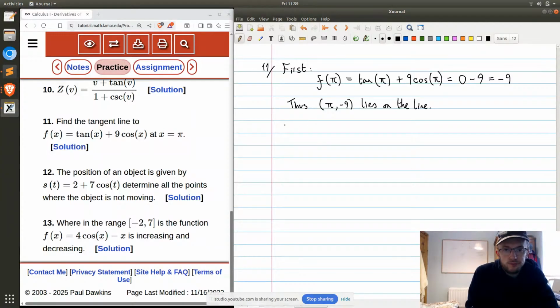Then f prime of x. So d by dx of tan x is sec squared x. And d by dx of cos x is minus sine x. Just like that. Then we find f prime of pi to get how steep the tangent line actually is.